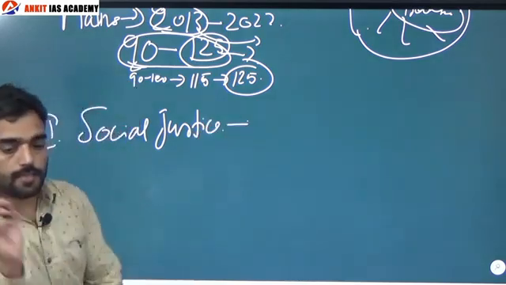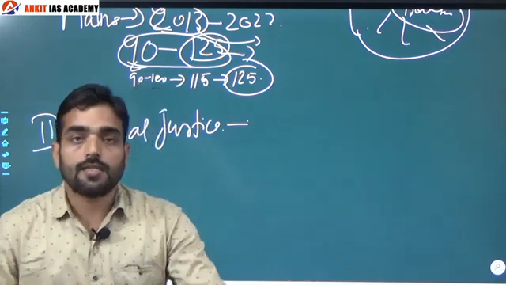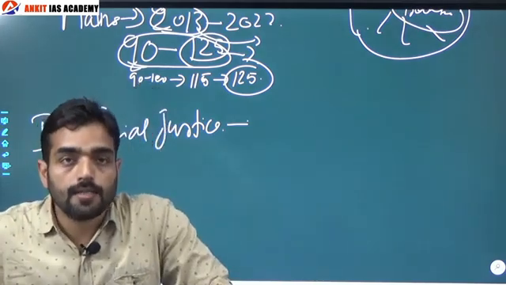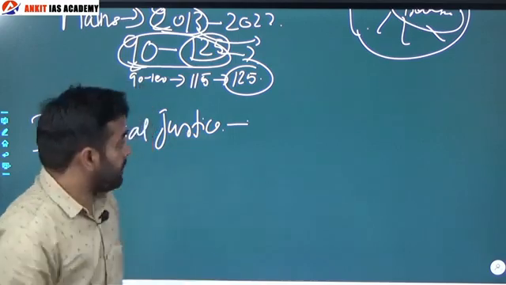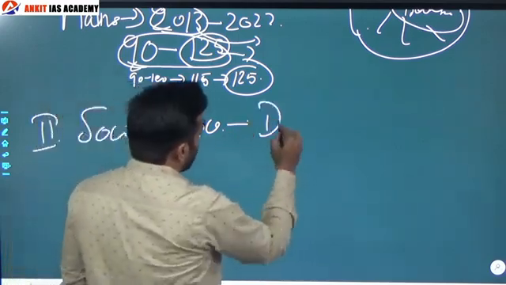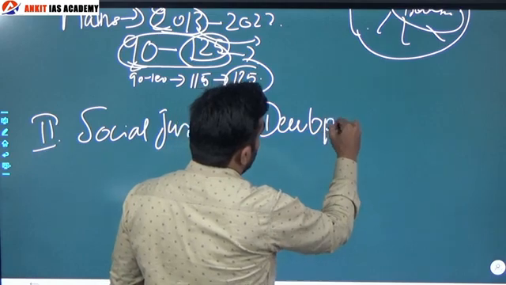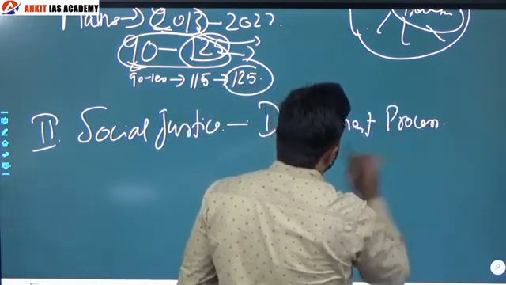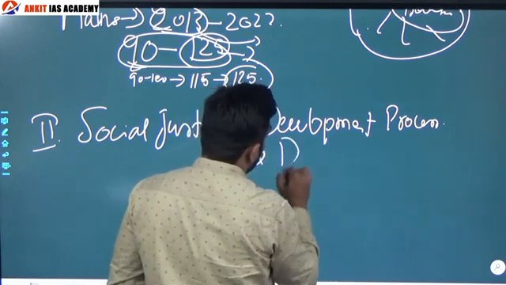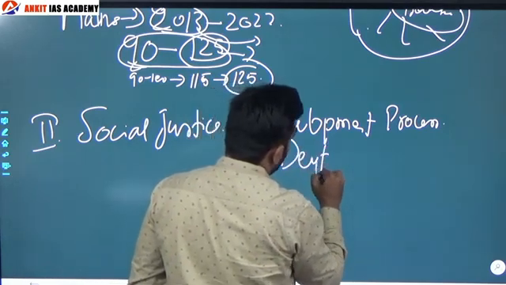In social justice, you will see the development process and the development industry. The first part in social justice is development process and development industries.